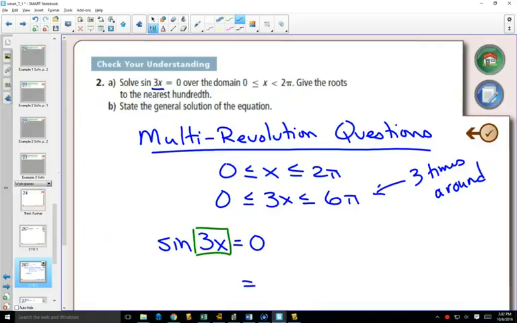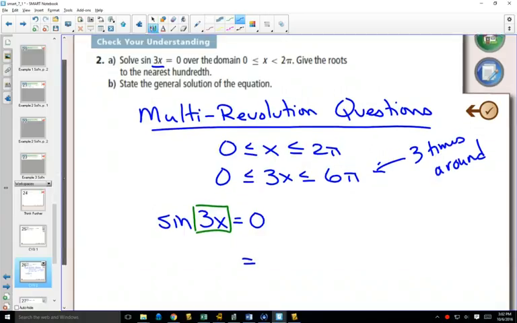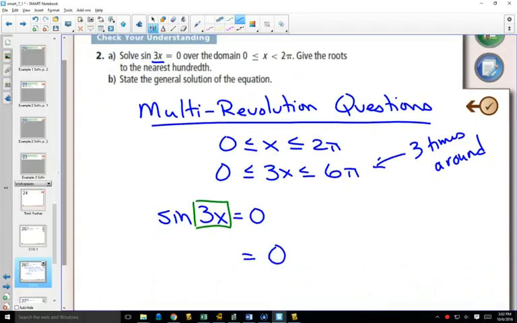When is sine equal to 0? When is the y-coordinate equal to 0? 0, pi, and 2 pi, right? Now, that's what you would do if it was just sine theta equals 0.